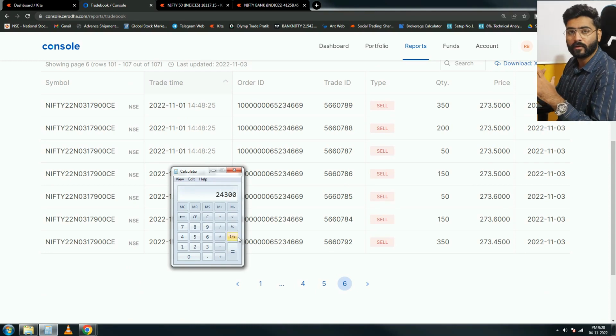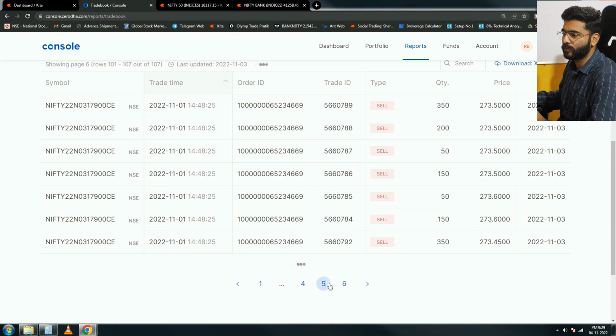I'm not trying to show anyone down. From a middle class family, I started with a very, very low capital of 8,000. No one will believe that, but I started long back with 8,000 capital. Slowly I increased my capital once I started seeing profits in the market. Now it doesn't matter to take a good risk because I have that capital. But 24,300 within a small time.